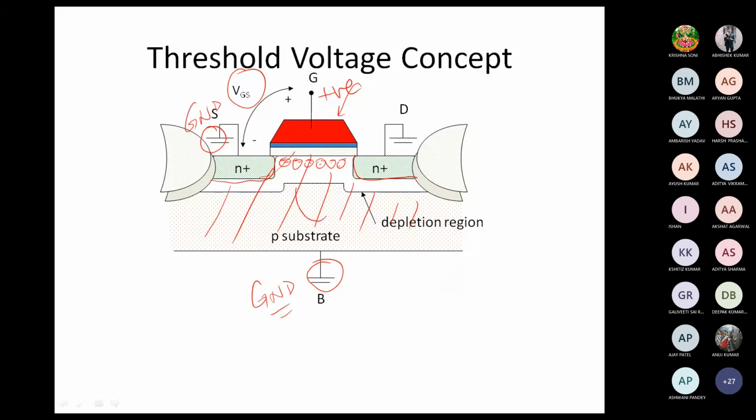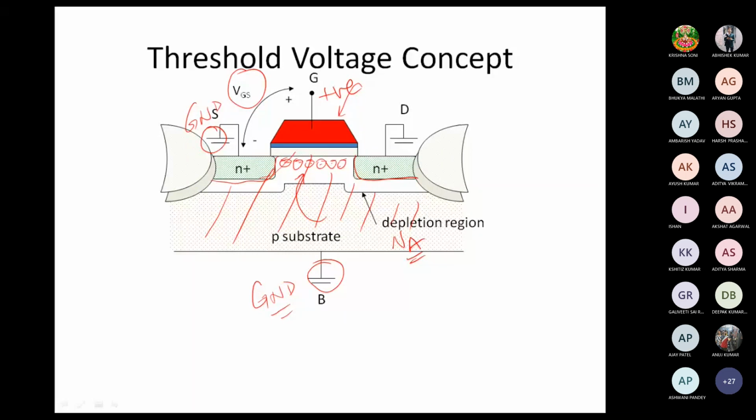So electrons are attracted from the substrate side as we apply gate voltage, and these electrons are accepted by the acceptor atoms here, because this p substrate means it is doped by acceptor atoms. In the neighborhood of this gate, we have the acceptor atoms which accept the electrons.